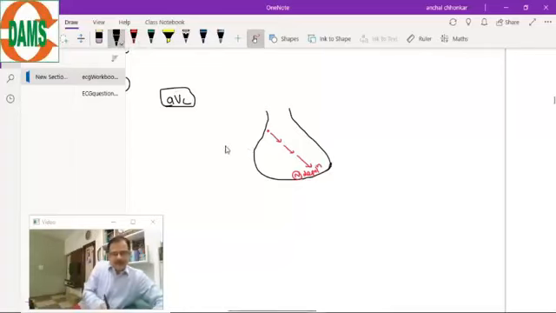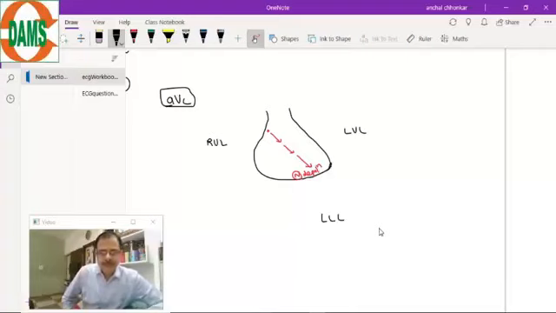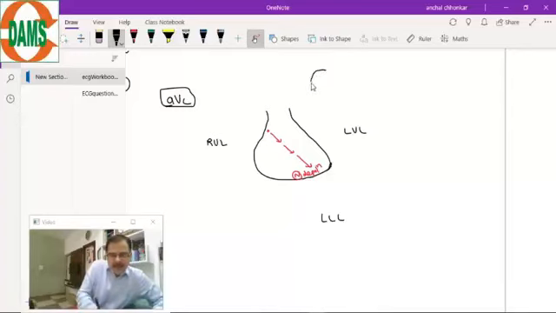Here is the right upper limb, left upper limb, left lower leg, three limbs in relation to the vertical position of the heart. And here I will make the galvanometer with plus and minus needle.